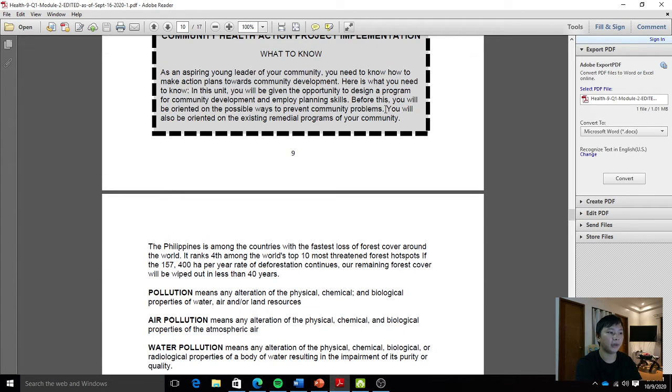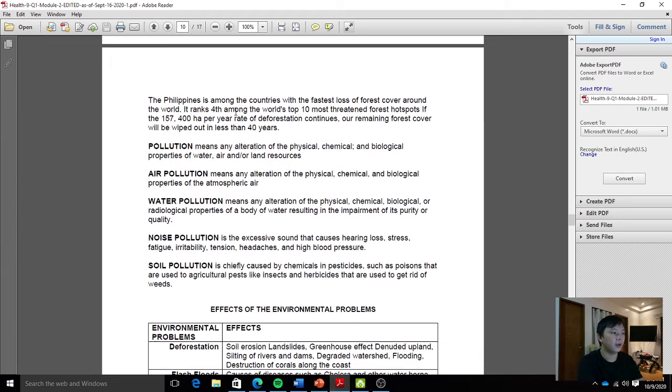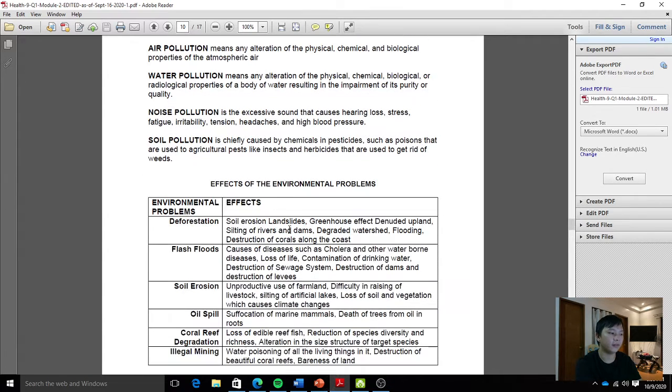So this time you will create a program to be implemented in your community. The Philippines is among the countries with the fastest loss of forest cover around the world. So we have the following: pollution, air pollution, water pollution, noise pollution, soil pollution. Okay, these are the different types of pollution.